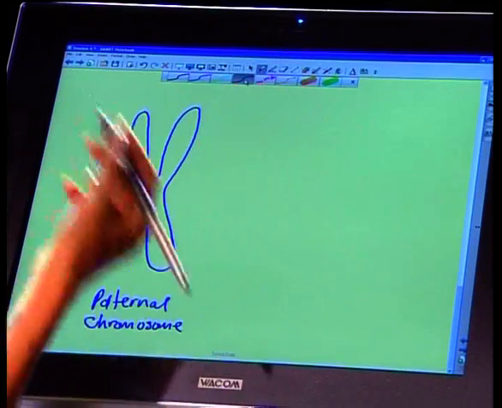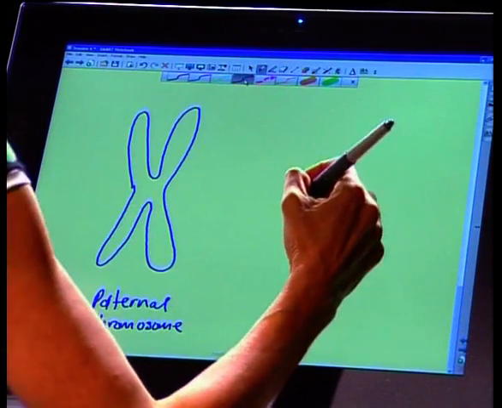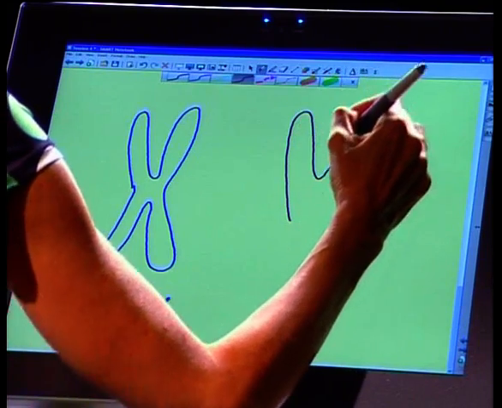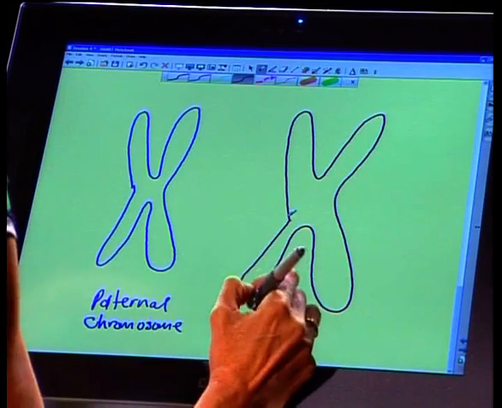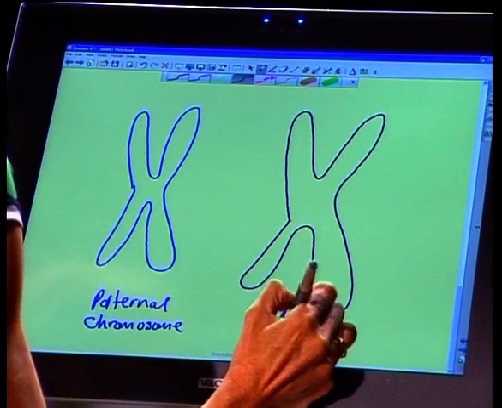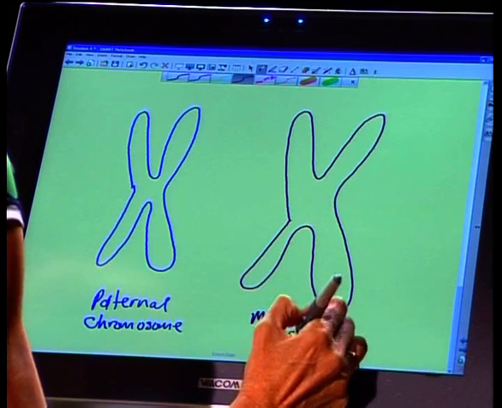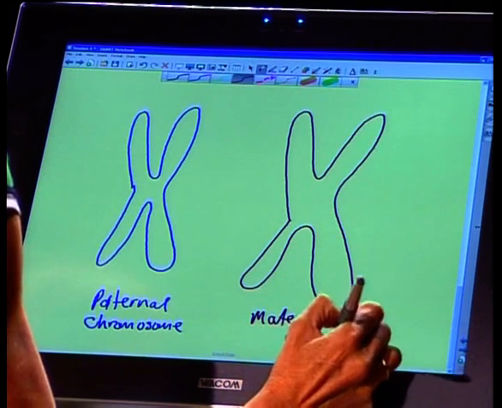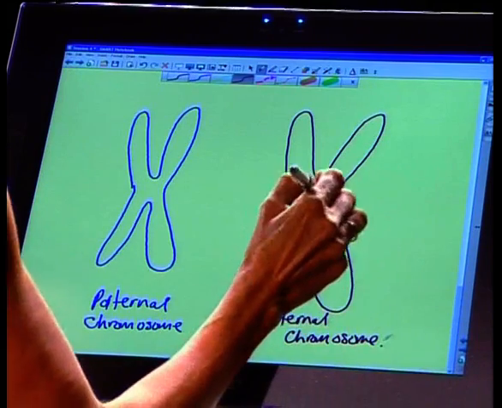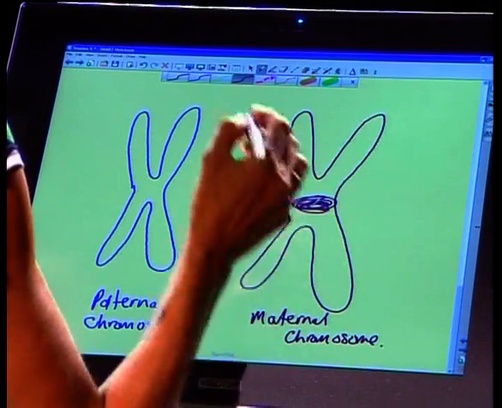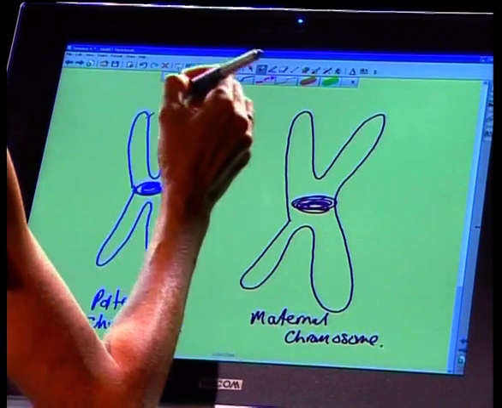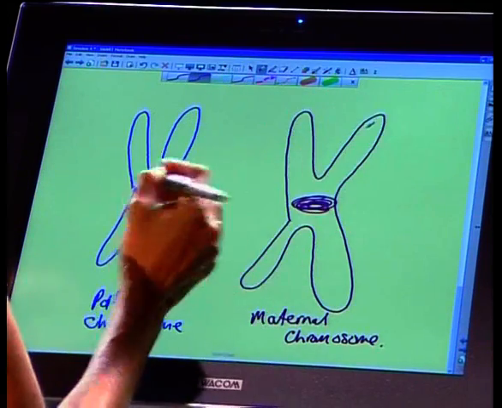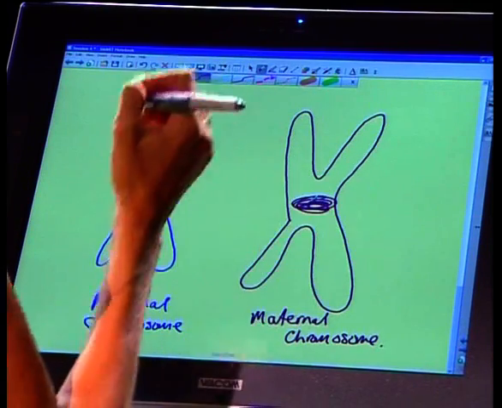Okay, we can do the mommy one in purple. So this here is the maternal chromosome. All right, joined in the middle by a centromere and joined in the middle here by a centromere. So chromatid, chromatid, chromatid, chromatid, centromere, centromere.